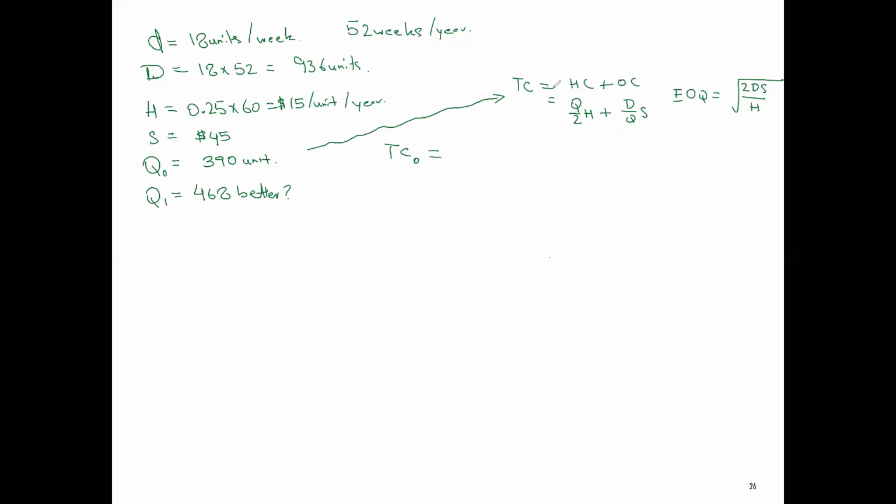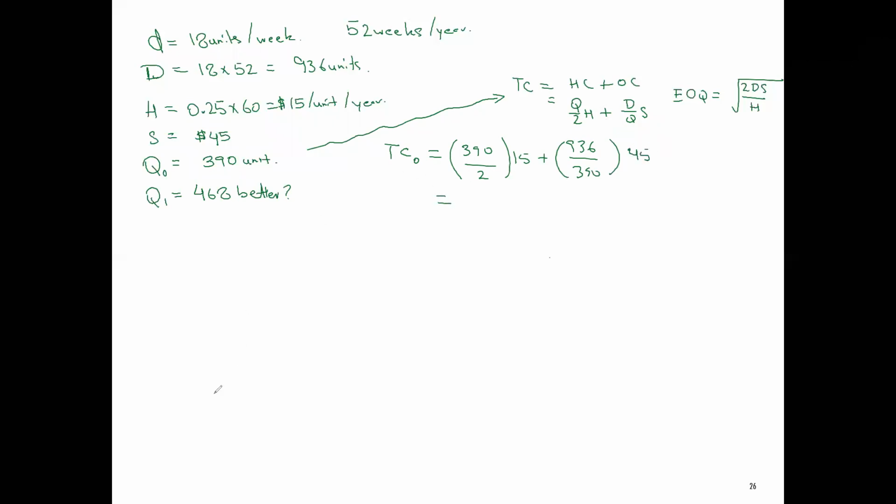It will be holding cost plus ordering cost. Holding cost is Q by 2 times H. Our Q right now is 390. So 390 divided by 2 times H. H is 15, right? Plus D is 936, 936 divided by Q, which is 390, times S. So S is 45, right?